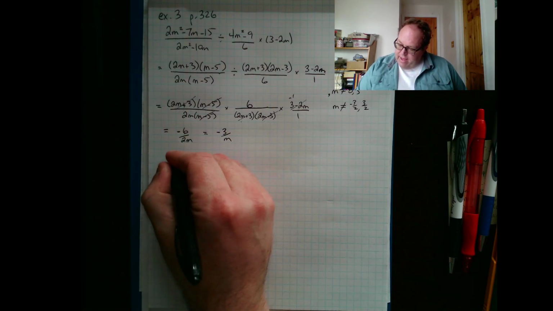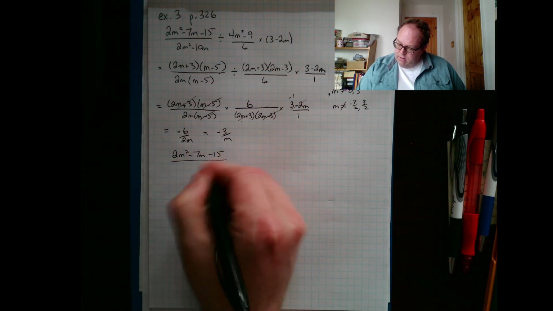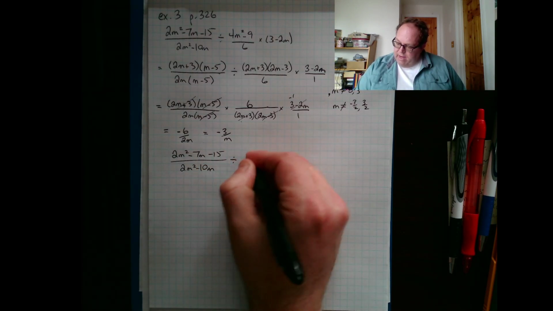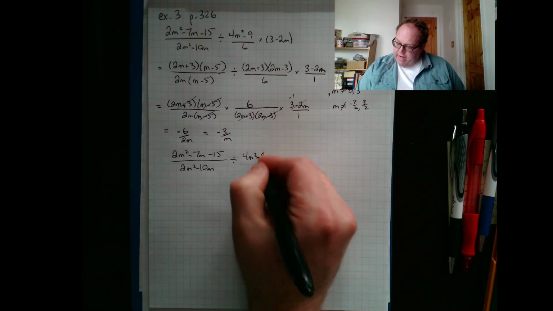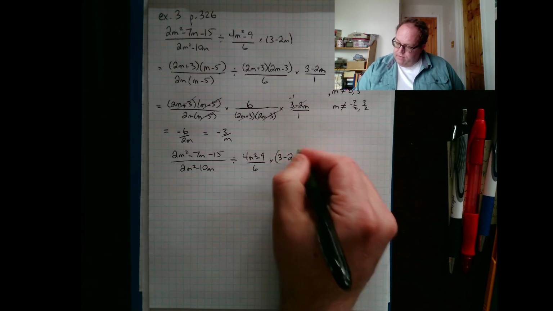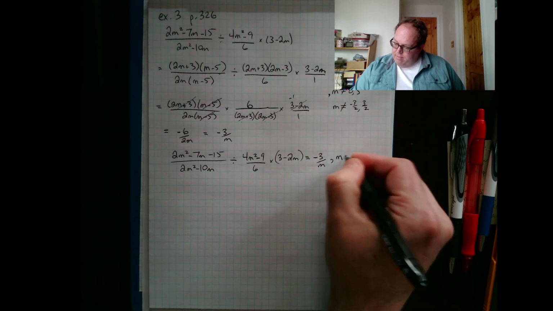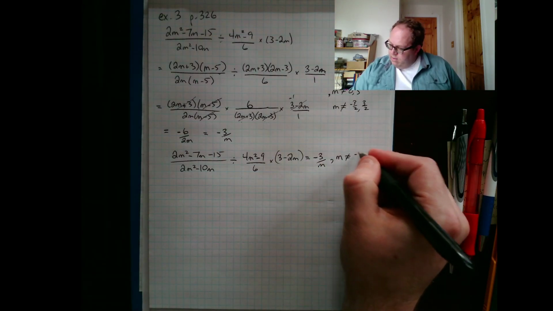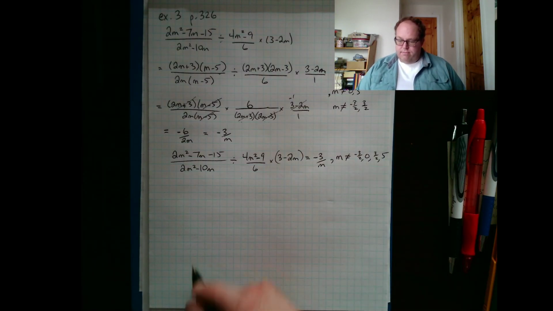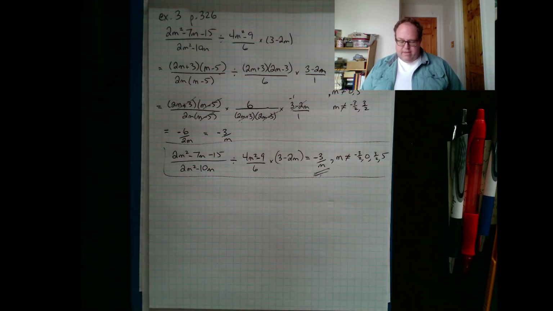And then I can say that 2m squared minus 7m minus 15 over 2m squared minus 10m divided by 4m squared minus 9 over 6 times 3 minus 2m is equivalent to negative 3 over m, so long as m doesn't equal negative 3 halves, 0, 3 halves, or 5. That's my equivalence right there.